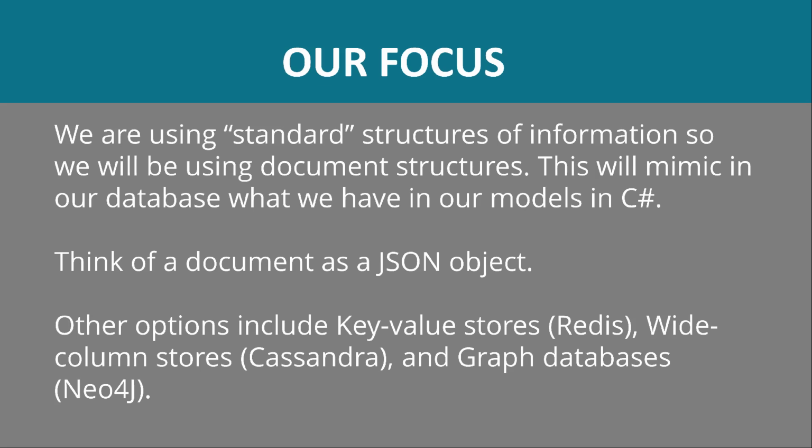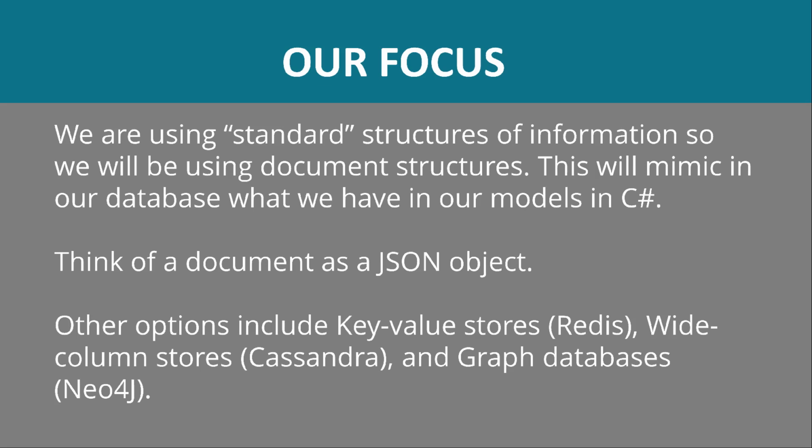Now, we're going to use a document structure database, but there are other options for structures, including a key value store. Think of it in C# as a dictionary. That can be a database. Redis is a key value store. You may have heard of Redis.